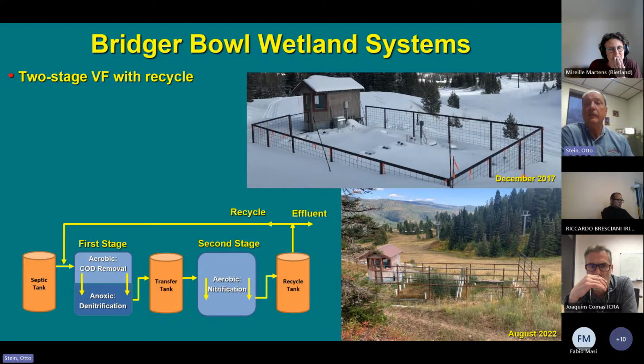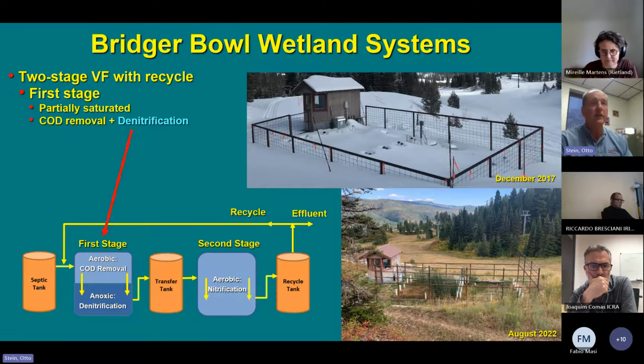The basic schematic of what we decided to do up there is that water is clarified in sedimentation tanks or septic tanks. That water then goes into a first stage where we have partially saturated conditions. The idea here is that we're going to get COD removal in both the aerobic upper layer and in the anoxic lower layer for denitrification, so we'd have carbon there.